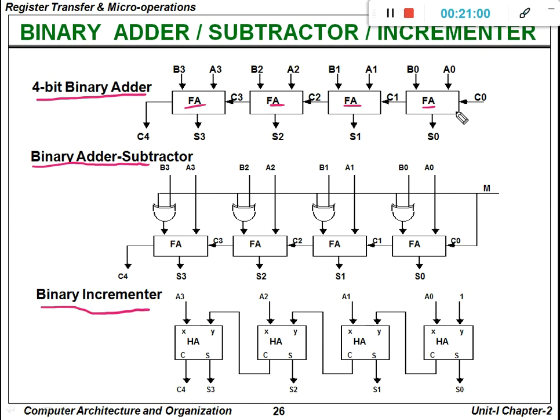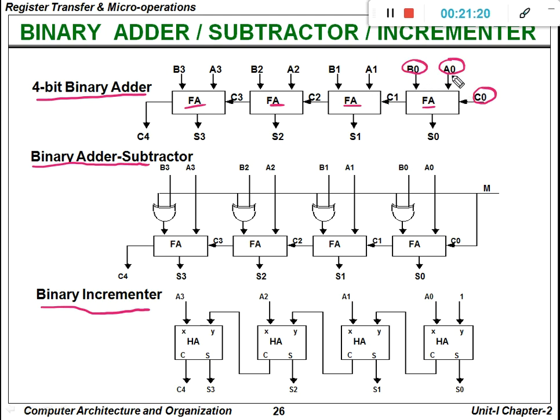What is a full adder? It is going to take three inputs. That is a previous carry, and two register values. So here A and B are two registers.